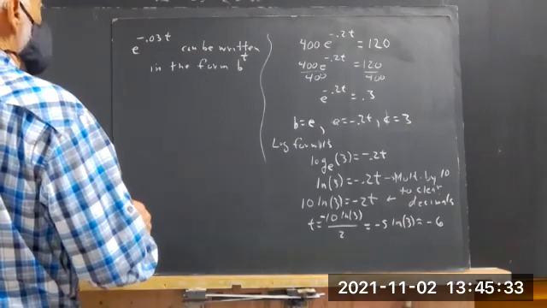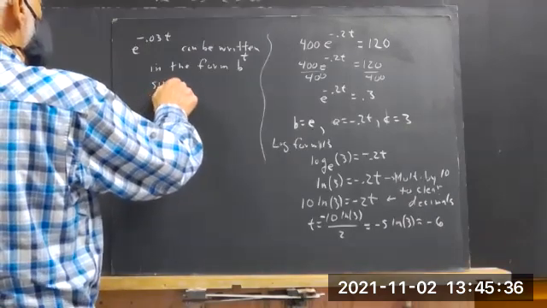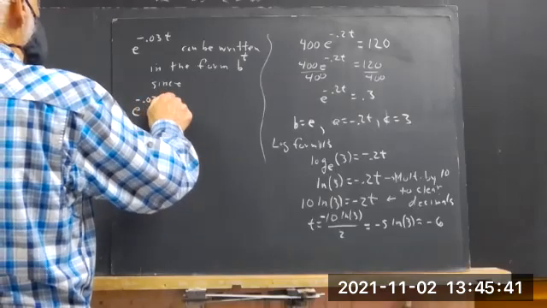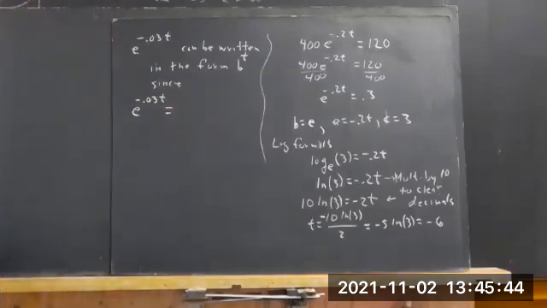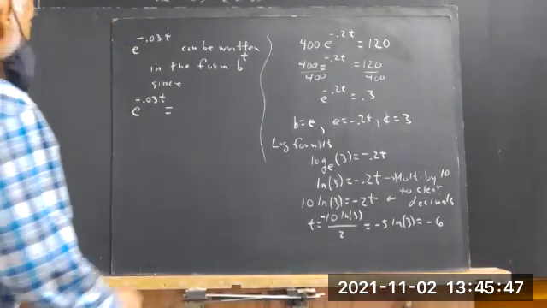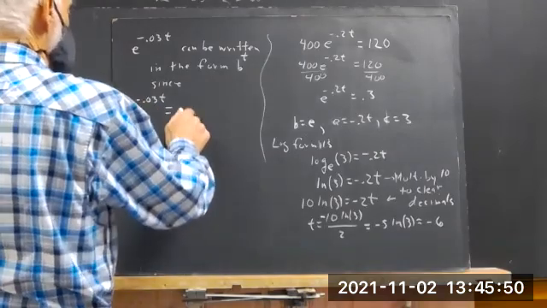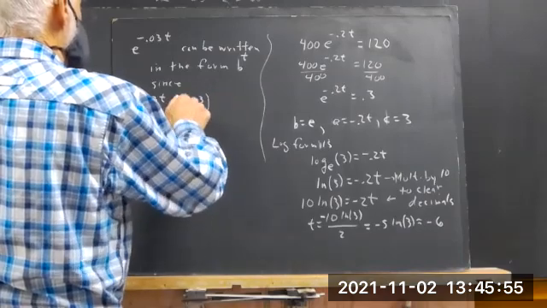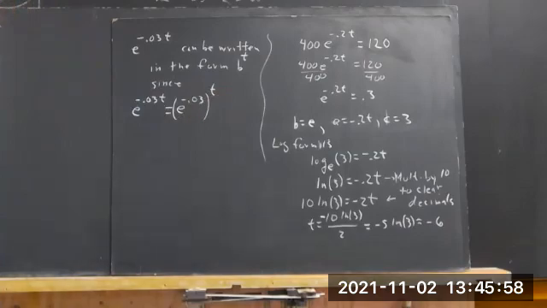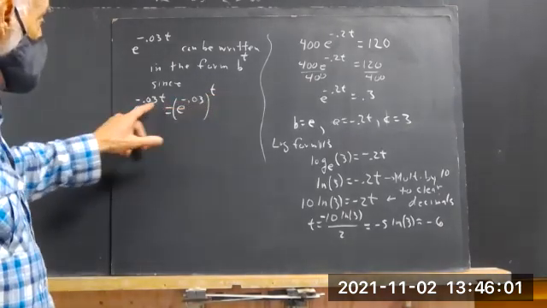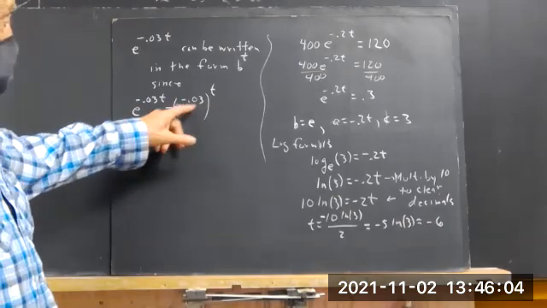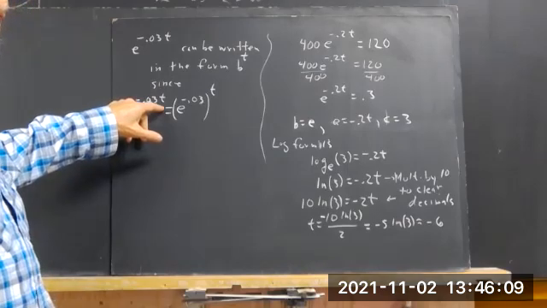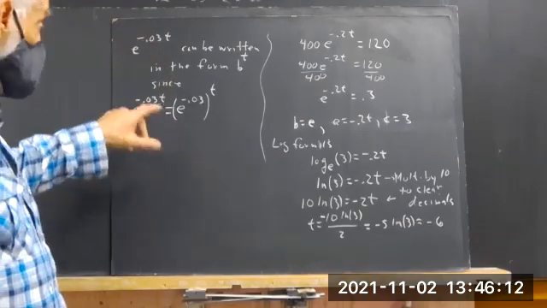How do you do that? You have to know your laws of exponents. If you do, you understand that e to the negative 0.03t is e to the negative 0.03 raised to the t power. And of course, when you have a power of a power, you multiply the powers. e to the negative 0.03 raised to the t is e to the negative 0.03 times t.